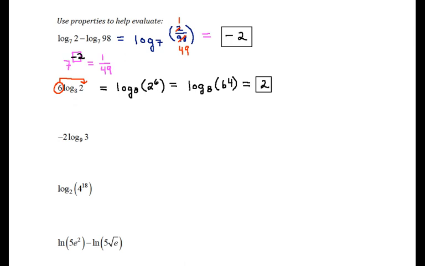Trying the same property with this next one, the power negative 2 moves up into the exponent, so I then get log to base 9 of 3 to the power negative 2, which is the same thing as log to base 9 of 1/9.